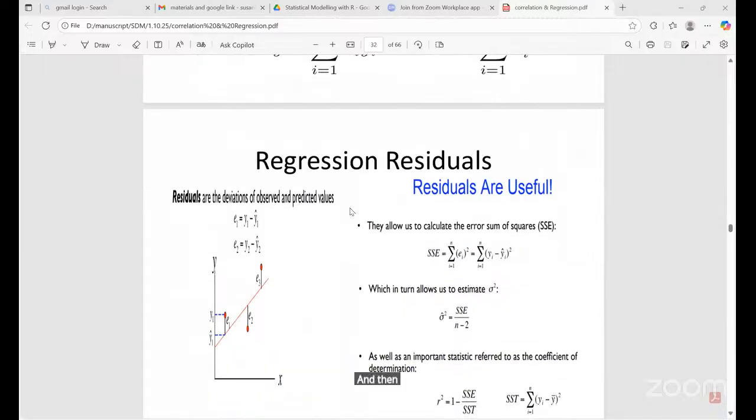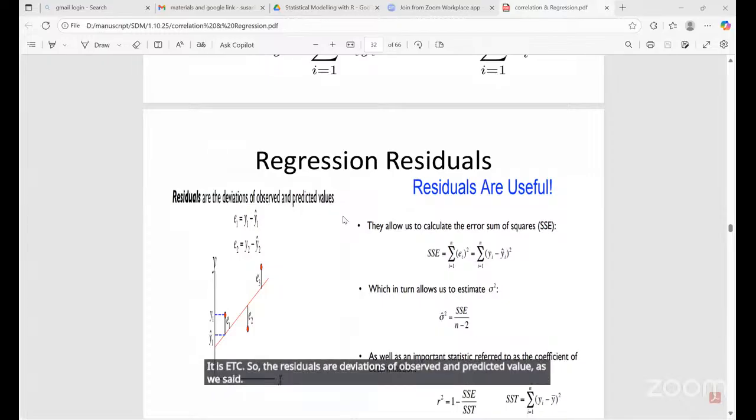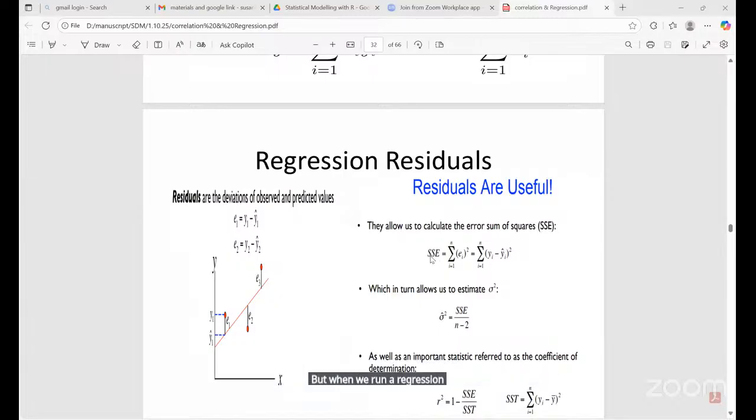And then we can also get formulas for the residual, etc. So the residuals are deviations of observed and predicted value, as we said. But when we run a regression, we get what we call error or residual sums of squares, which is the sum of the squared deviations of observed minus the predicted values.